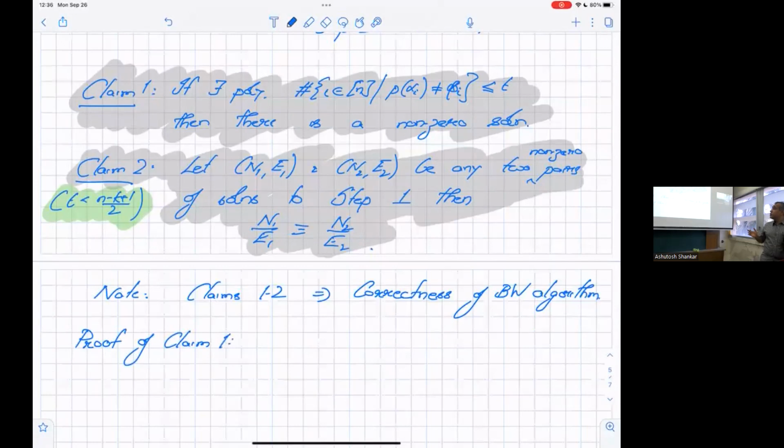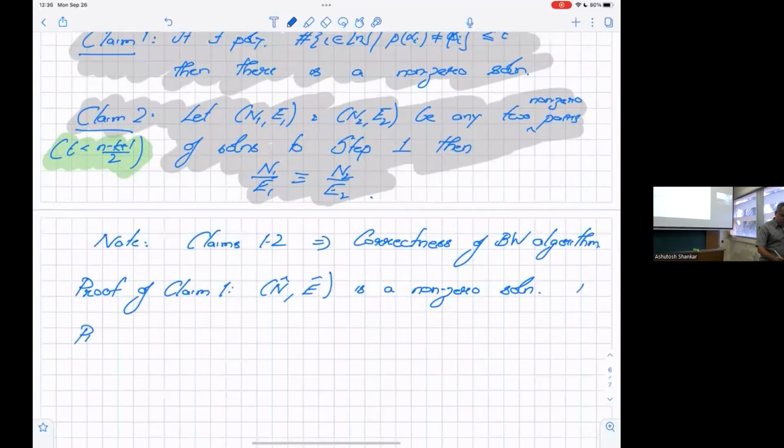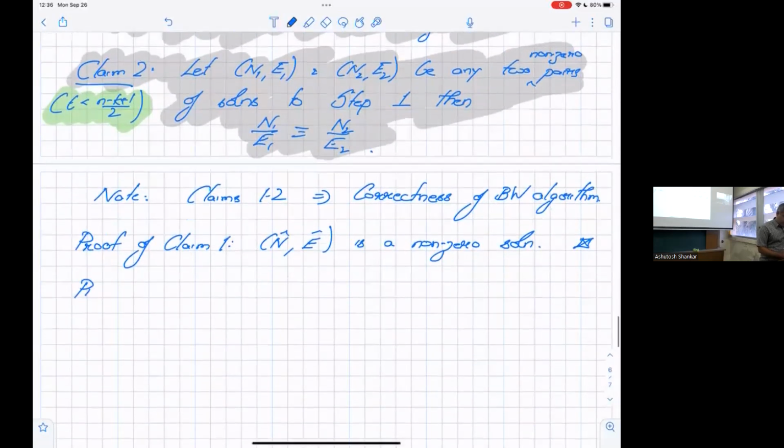Proof of claim one is actually trivial: n hat, e hat is a non-zero solution. So, proof of claim two.